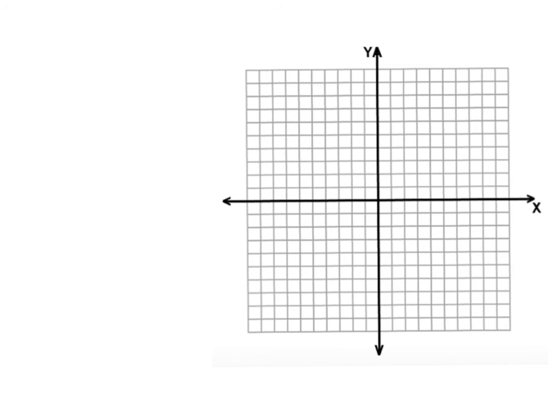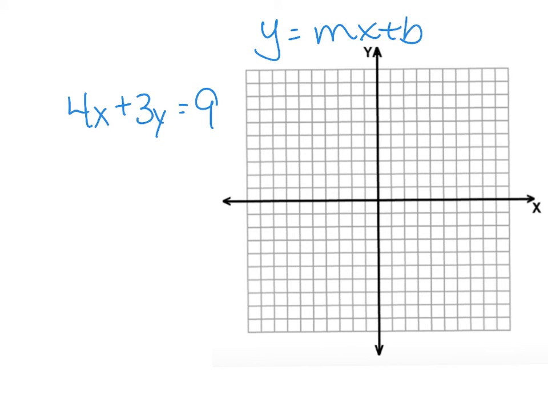Let's try 4x plus 3y equals 9. Again, y equals mx plus b. I want to get y by itself. So I'm going to start out by subtracting 4x from both sides.